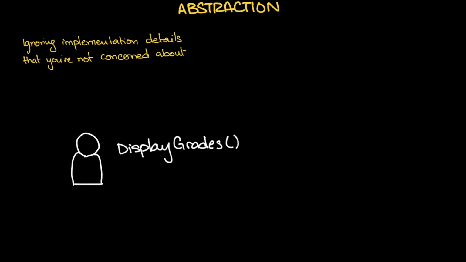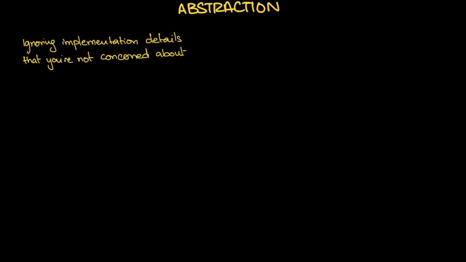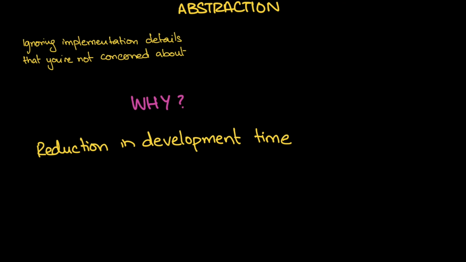Now, you might already be thinking of some advantages of this. Some benefits might already be clear, but I'll make them clearer. Why would you even use abstraction? One, in software development, when you abstract the details away, it leads to a reduction in development time, because you don't have to worry about a lot of the details.